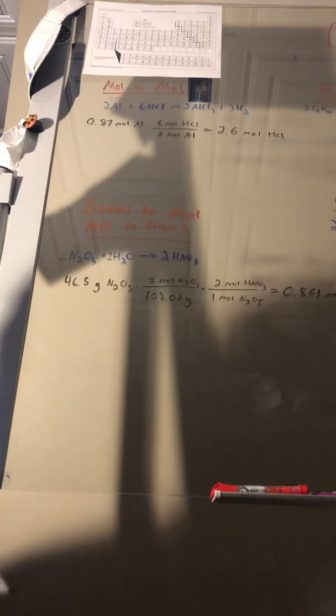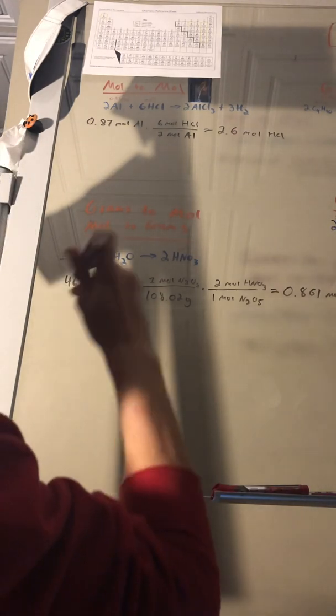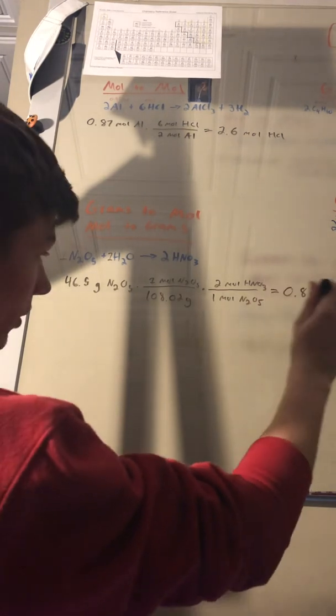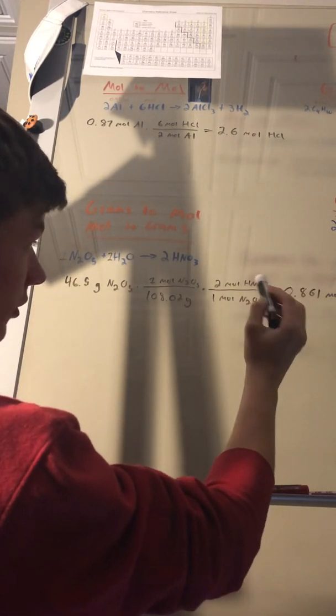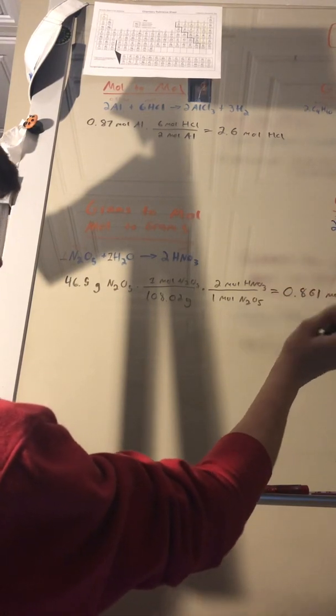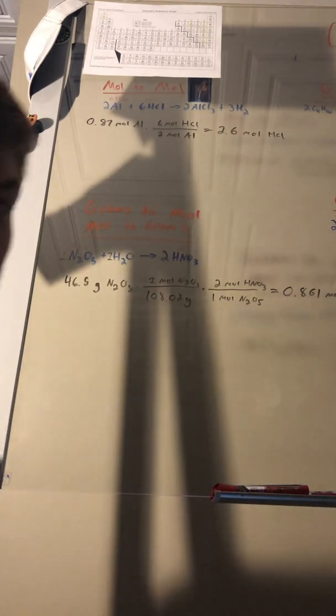That's basically all that is. And in the next type of equation, if you wanted to convert that into grams, all you would do is set up a proportion of one mole of nitric acid over the molar mass of nitric acid, just one more step, and cross multiply.